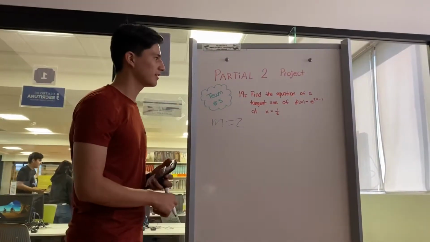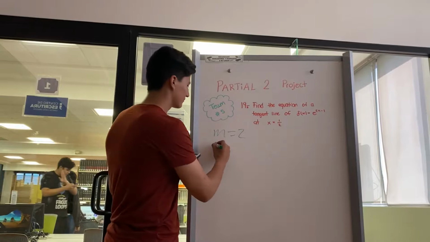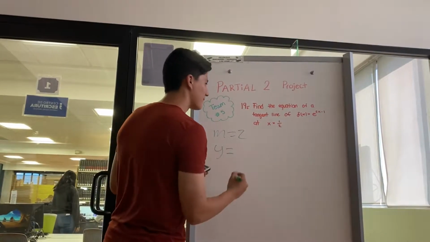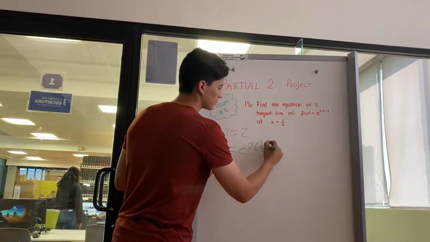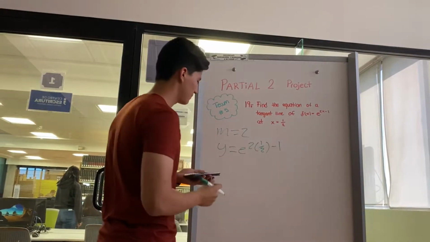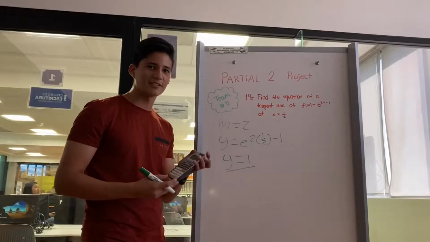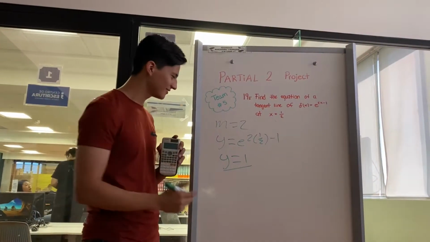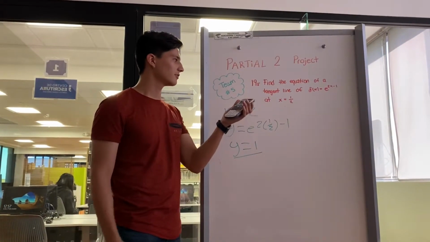So now with the original formula, we're going to find the y. So the answer is 1. So now we're going to find the equation of the tangent line.